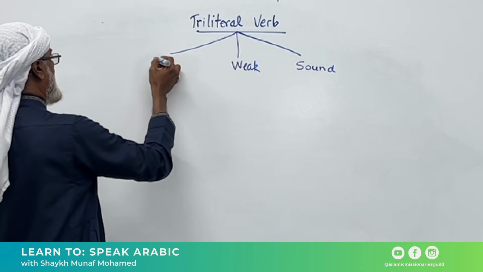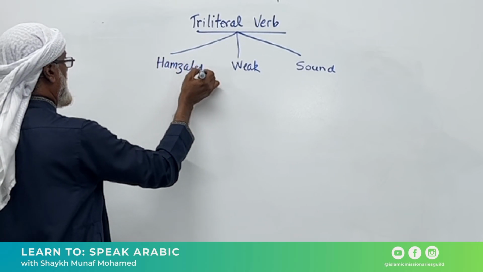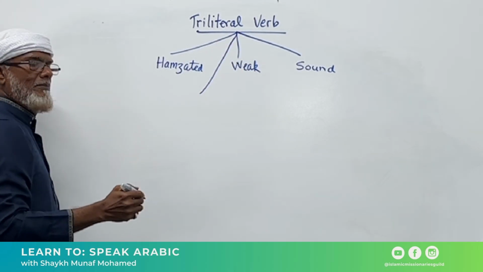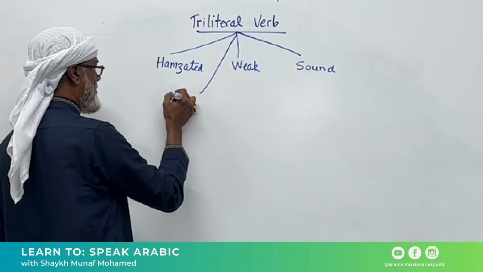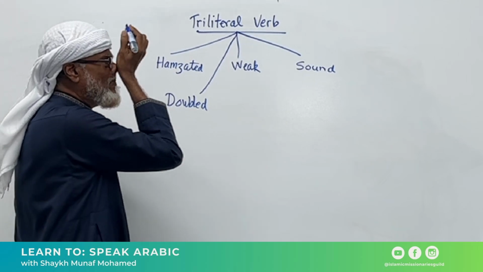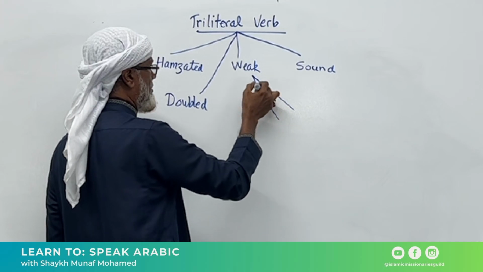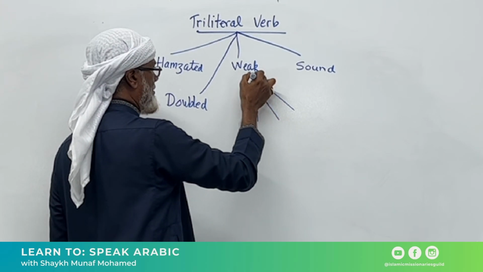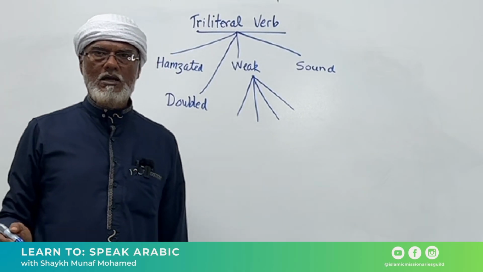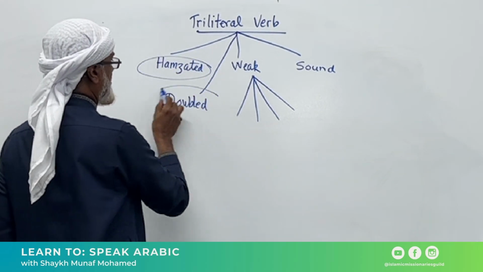And some of them could be hamzated, and you may have some of them, they call them doubled, all right? And then the weak is divided into a few different categories, all right? We will talk about all of these different types of verbs, all right?